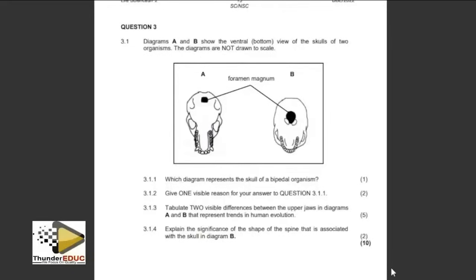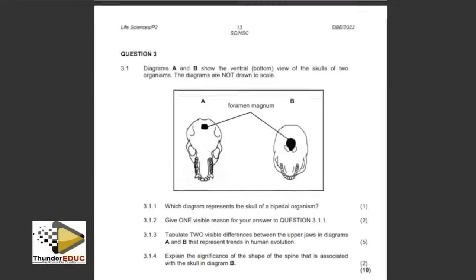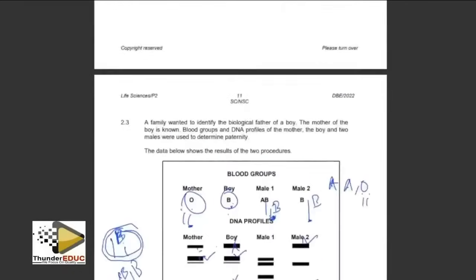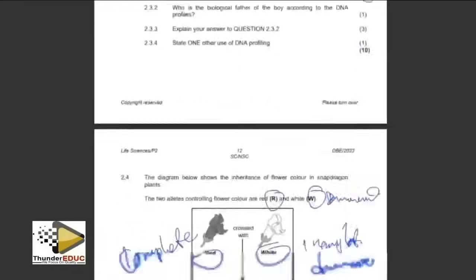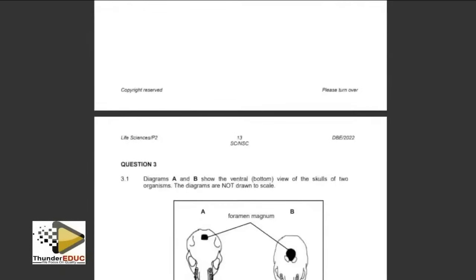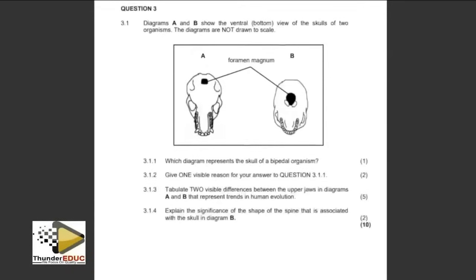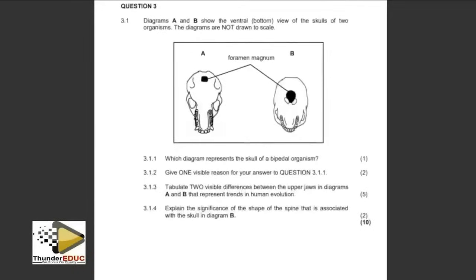Number 2, they're saying, which diagram represents the skull of a bipedal? Now we have 3 factors which affect bipedalism, but they can also ask you the advantages of bipedalism.